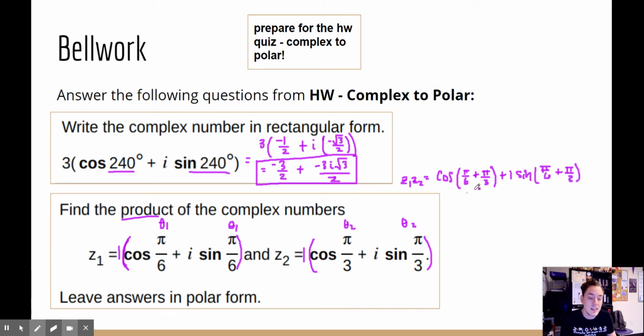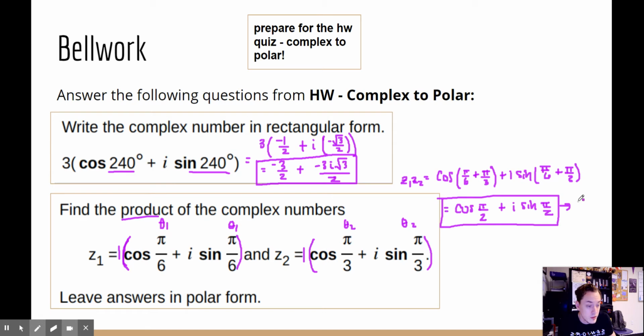That's essentially 30 degrees plus 60 degrees, which is just going to be 90 degrees. So I have cosine of pi over 2, and then plus i sine of pi over 2. Now this is all they want because they do want it in polar complex form. So this is my polar form here.